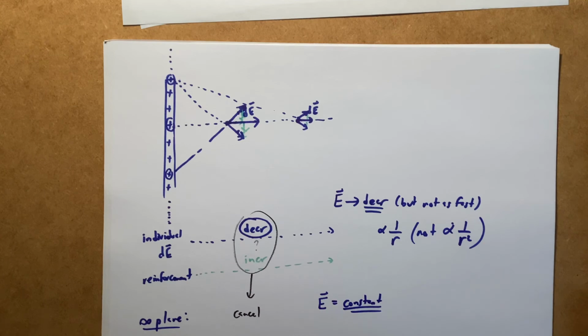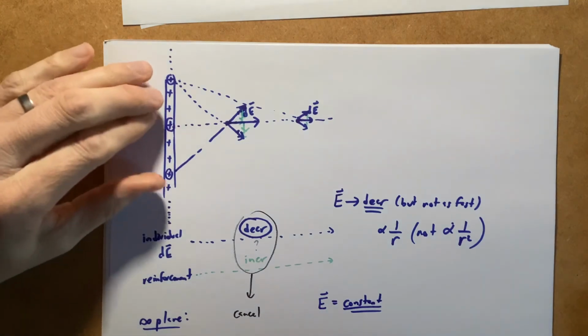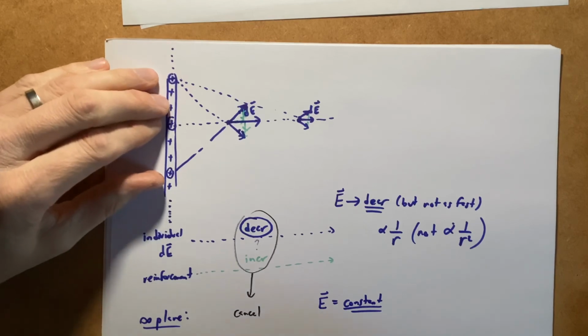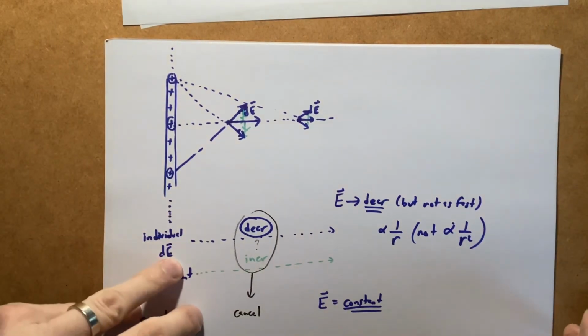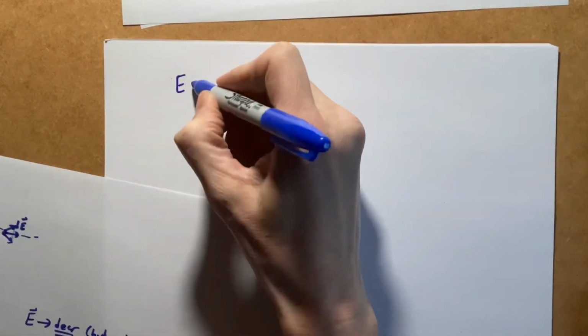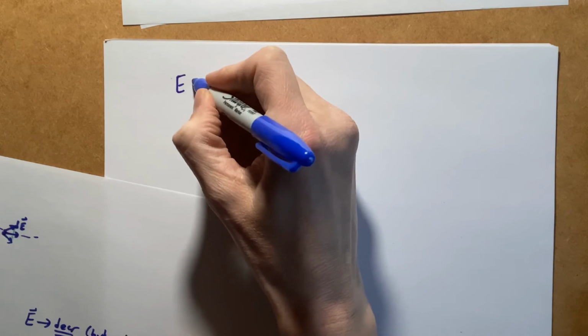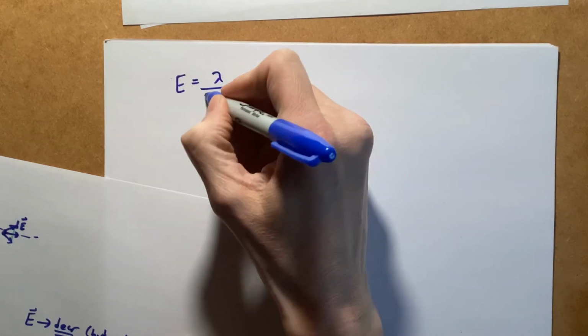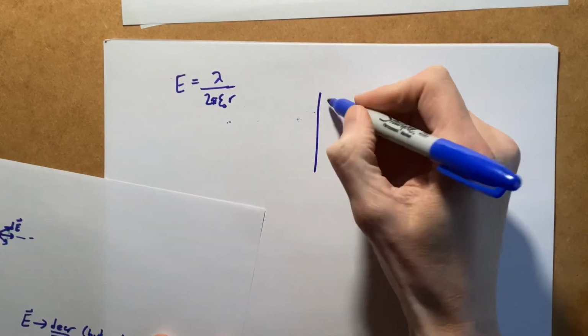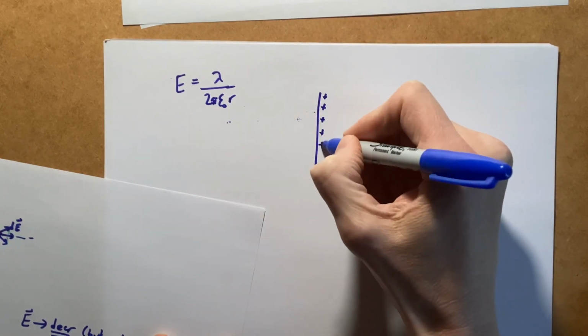The other thing we should probably do is we should draw a picture of this electric field a little bit more three-dimensionally. So I'm going to do that and then be done here. Again, the electric field that we found here is just its magnitude is lambda over 2 pi epsilon naught r. And so let's make a little drawing of it. What does it look like?